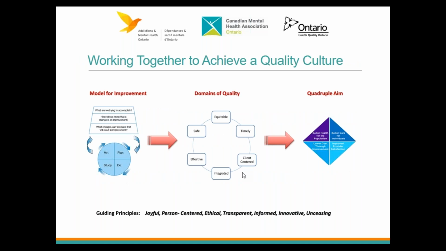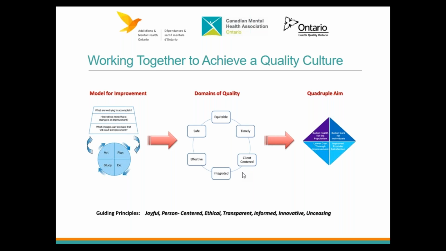In our previous webinars, we've talked about the 3 guiding models to quality improvement work. The one on our far right is the quadruple aim, and it's ultimately, where are we trying to get to as a health system? And that is to provide the best care for individuals possible so that they're happier and healthier and in the communities. We want to do this while supporting providers and staff and at as low cost, as efficient as possible.